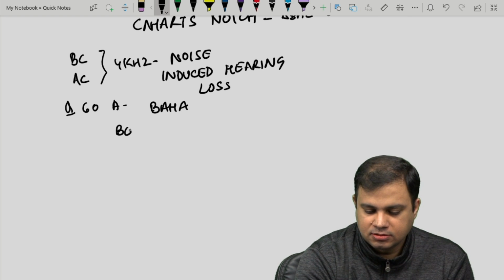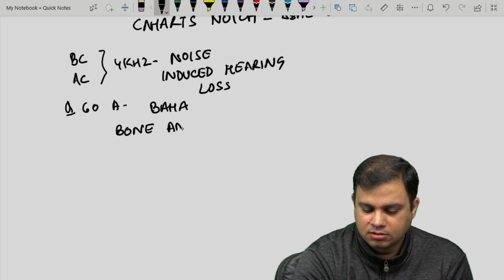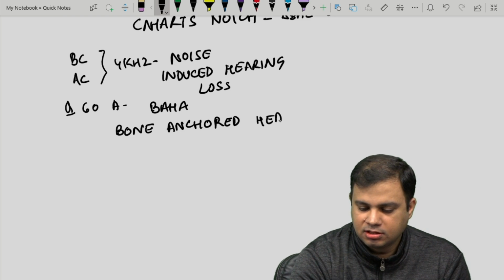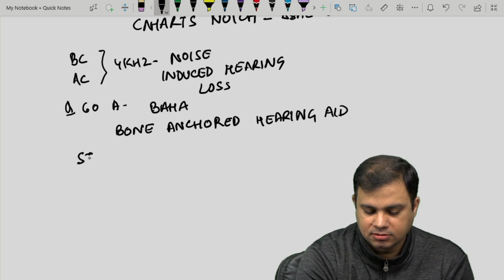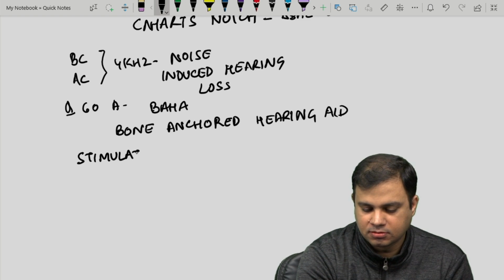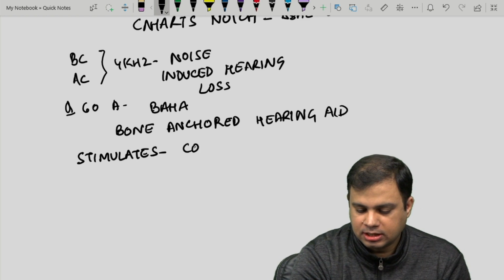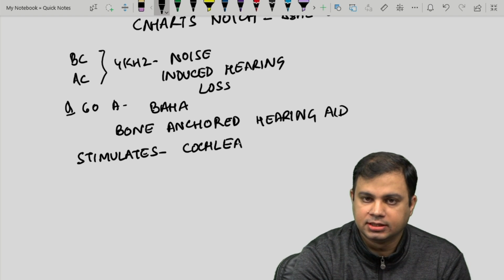BAHA is bone anchored hearing aid. It is a type of hearing aid which stimulates directly the cochlea.